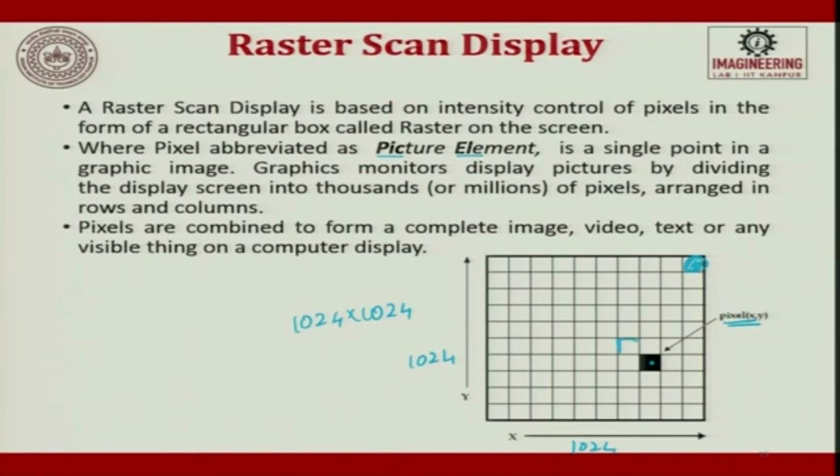For example, I will try to shade it. Now, what have I done? I have activated certain pixels. I know the x, y coordinates as I told you earlier. So, now what I have drawn is a line. That is what a raster scan display is.